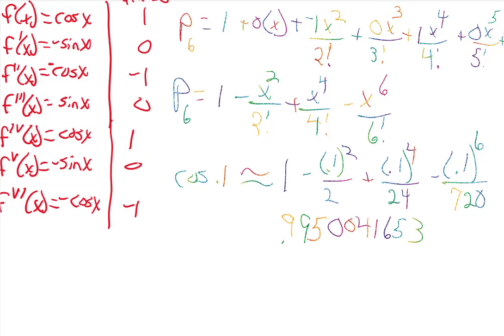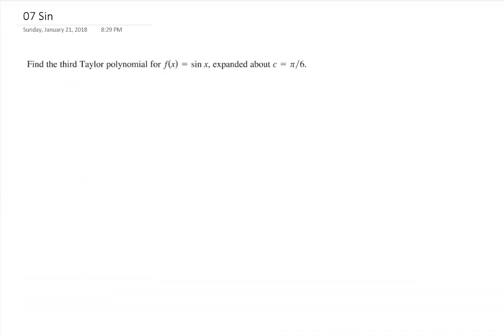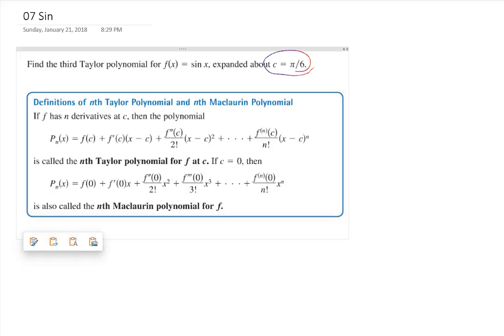Now I'd like you to stop the video and do this particular problem. It's very similar. I want you to find the third degree Taylor polynomial for sine of x expanded about c equals pi over 6. So we're going to once again be able to use pi over 6 for a Taylor polynomial.